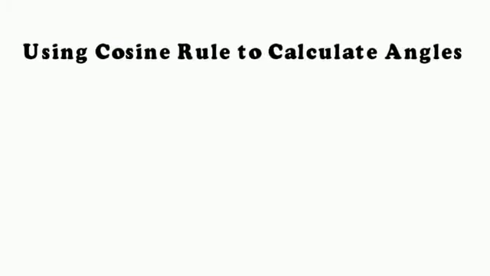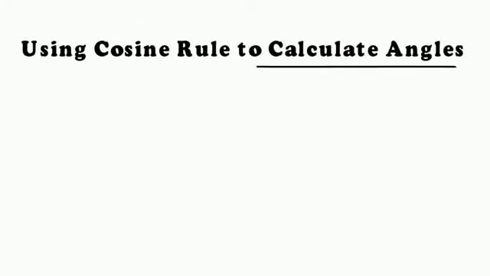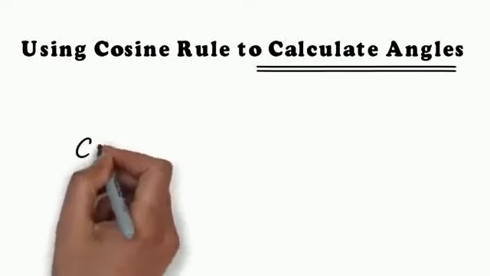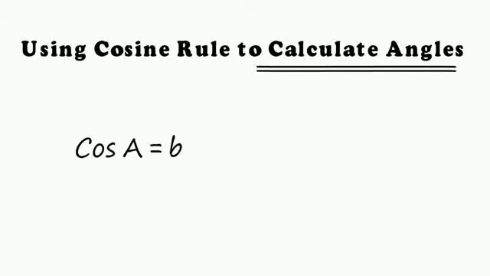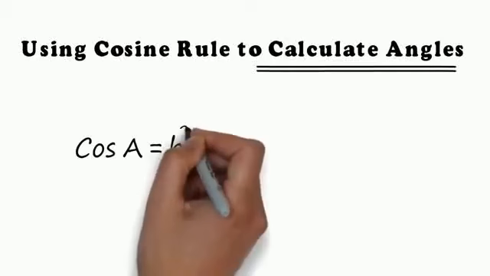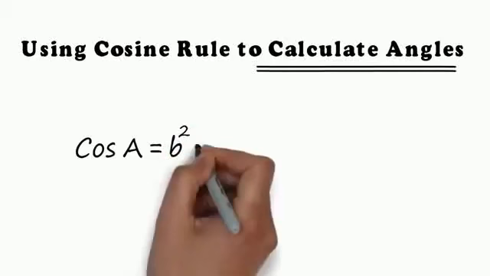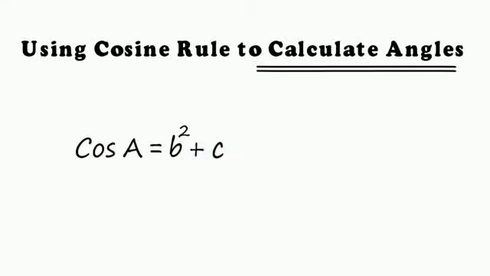You can also use the cosine rule to calculate the angles. We were using the cosine rule to calculate the side when we're using a squared is equal to b squared plus c squared minus 2bc cos A. There's a formula for calculating the angle in between.